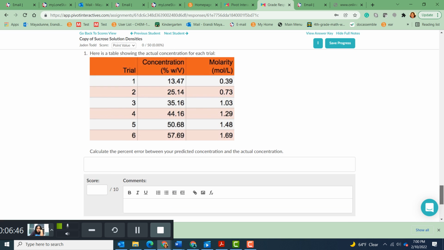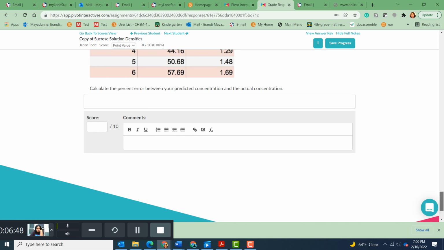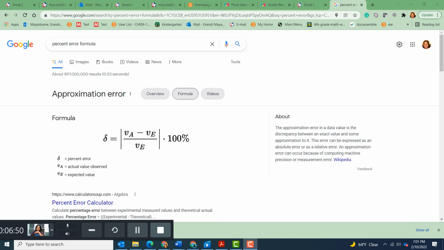They ask you for the percent error. In order to get the percent error, I found the percent error equation, which is the actual value minus expected, divided by expected, times 100.